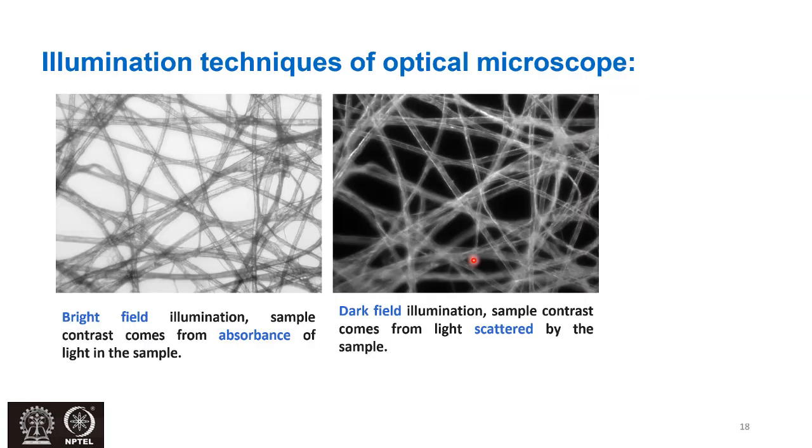Then we have different illumination techniques, as I already told you. Bright field illumination is by absorption of the light by the sample, and the dark field illumination is because of the scattering of the light by the sample. So this is the major difference between the dark field image and the bright field image.